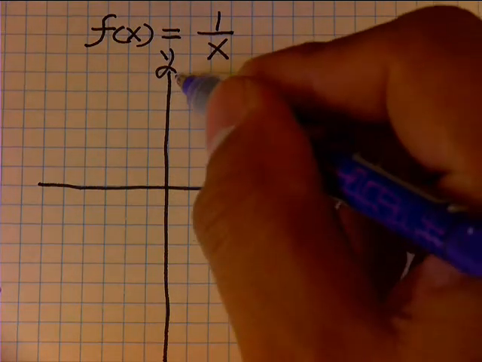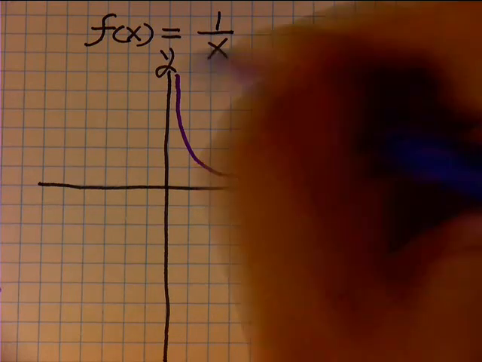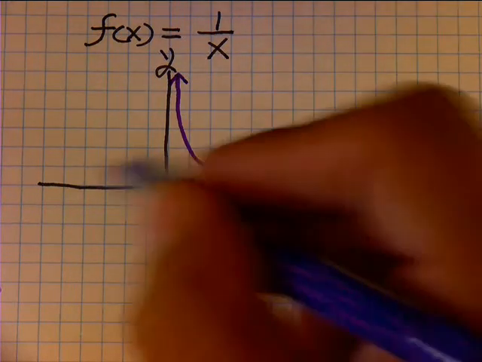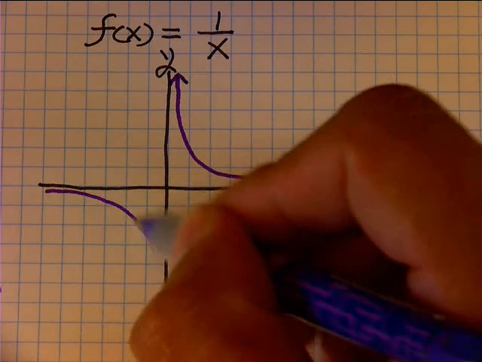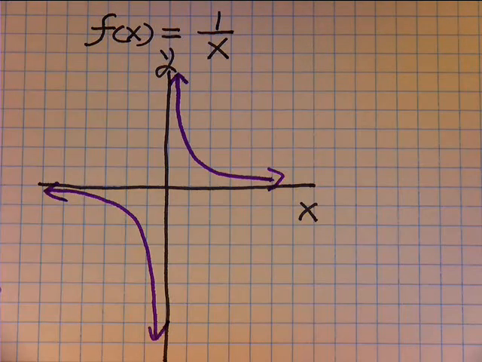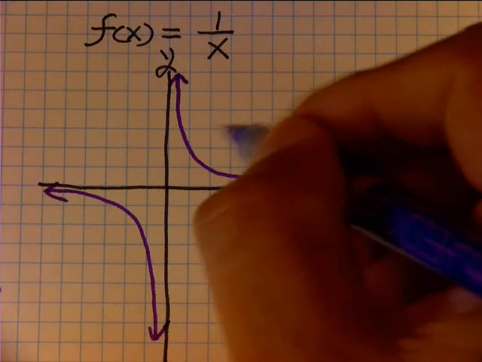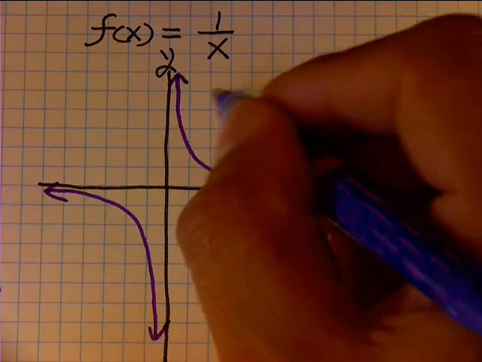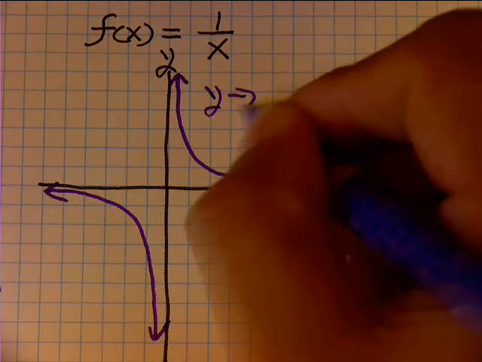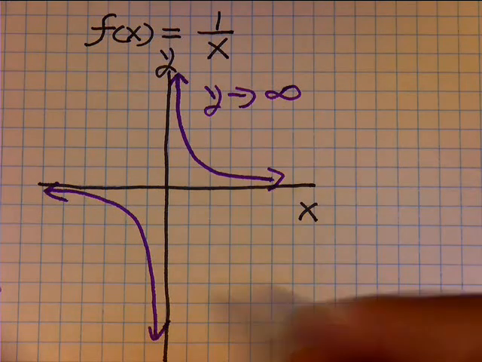When we were looking at odd power functions with inverse proportionality, we noticed that all the graphs had this basic shape to it, in the first quadrant and in the third quadrant. And we noticed that as x approached 0 from the left, y was going towards positive infinity.